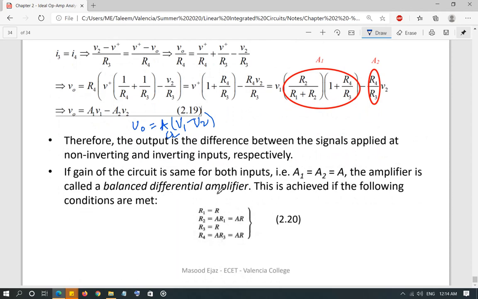It is called a balanced differential amplifier, and you just have to meet this condition. That is, R1 will be equal to R, R2 will be equal to A times R1, R3 will be equal to R, and R4 will be equal to A times R3, and since R3 is R, that's going to be AR, and R2 is AR.